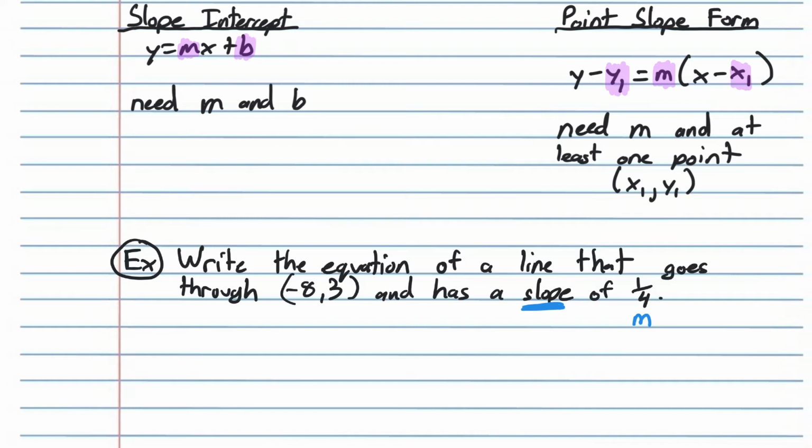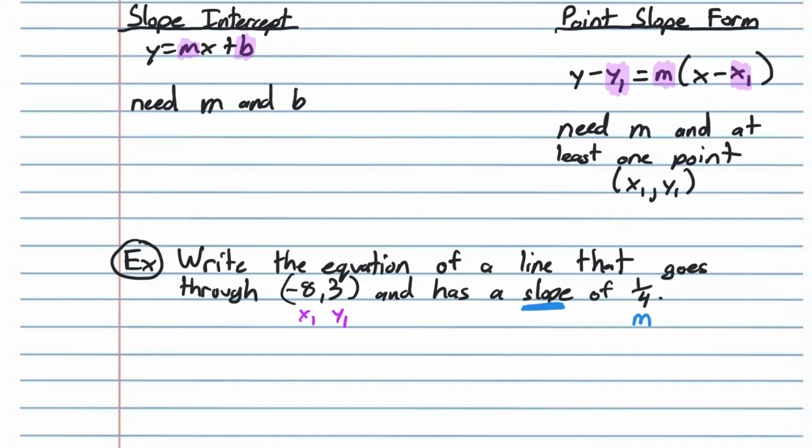So right now we could be using either format, slope intercept or point slope. But then they also gave us this coordinate over here. And because they give us a coordinate, that's going to be the x1, y1 values. So we are going to go with point slope form, obviously here, because there's a point and a slope, okay?